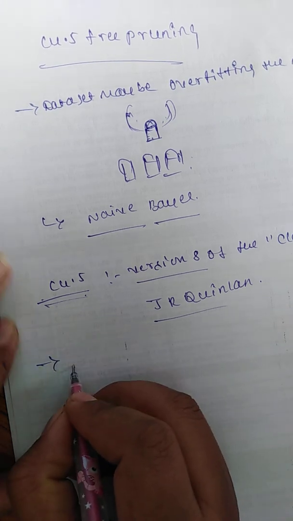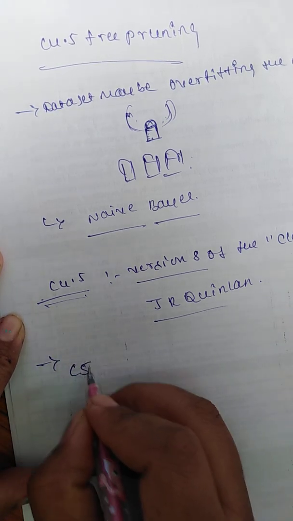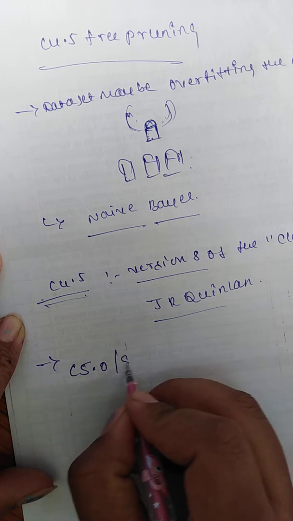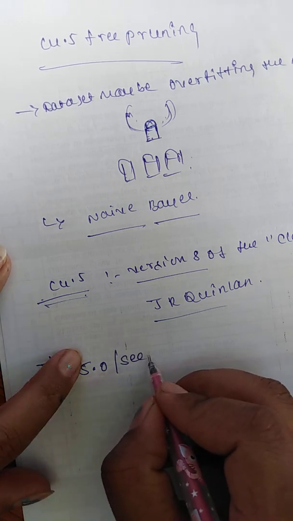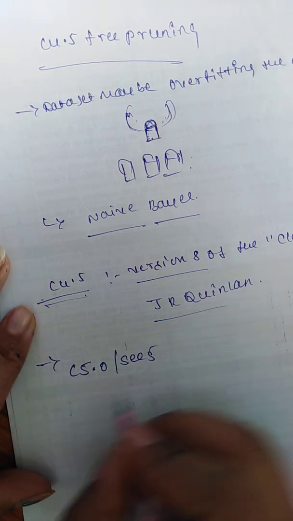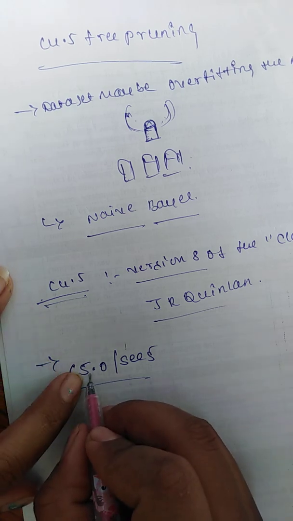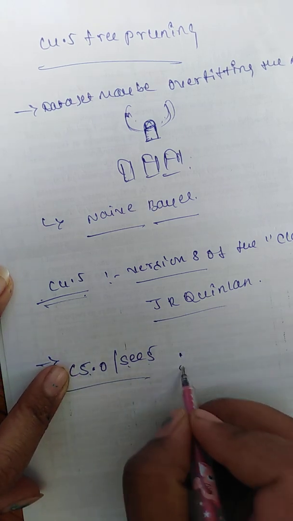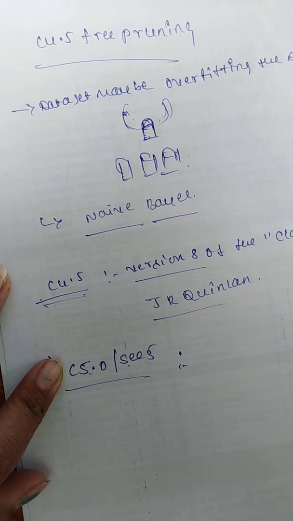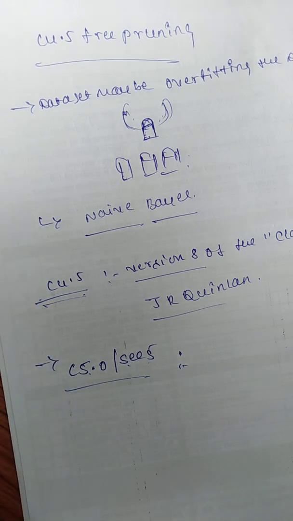Then the next one is C5.0, which is sometimes written as C5, or See5 for the rule-based version. It is designed to deal with large data sets.